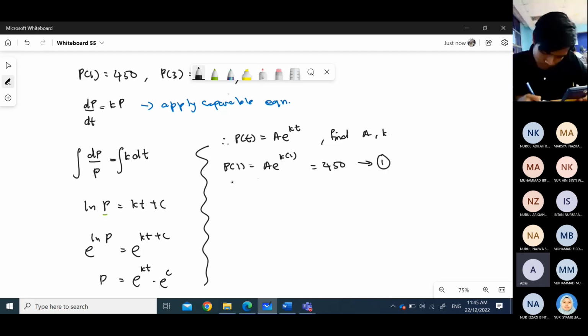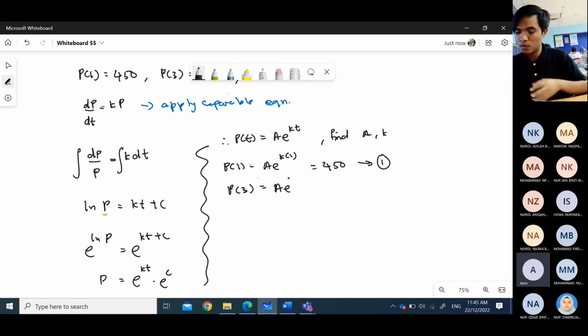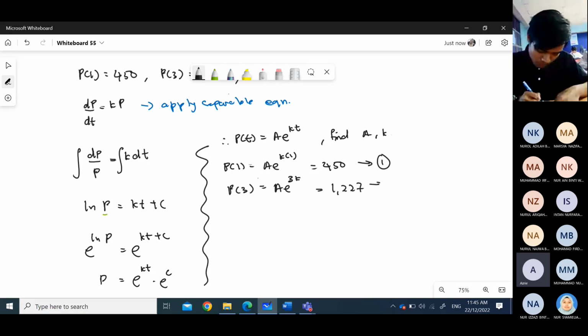This one is the first equation. And the second equation, it is about T equal to 3. So we have A exponent 3K, it is equivalent with 1227. So this one is the second equation.